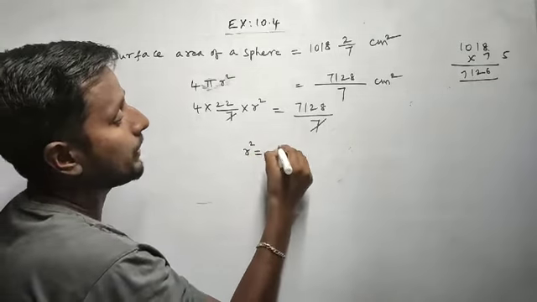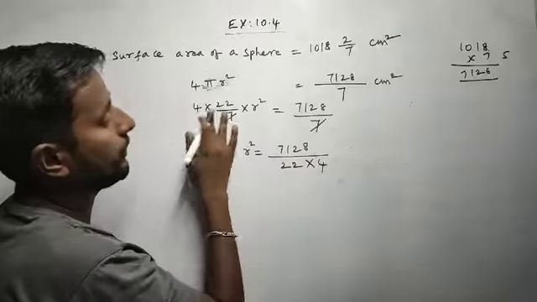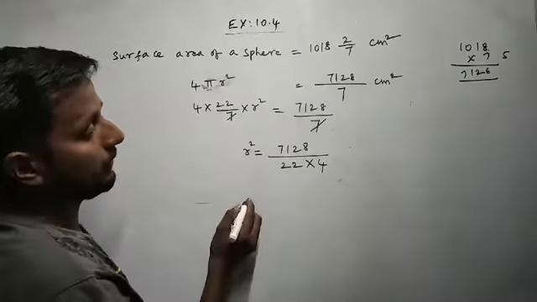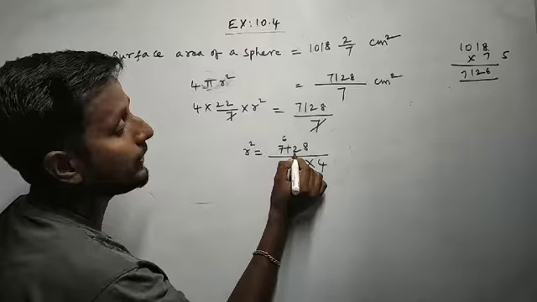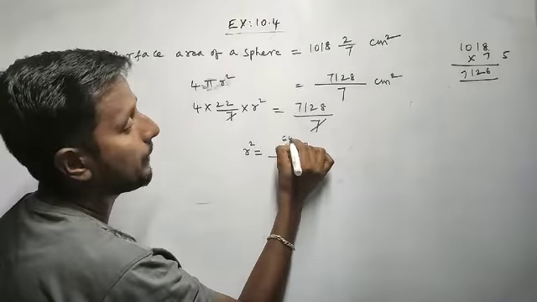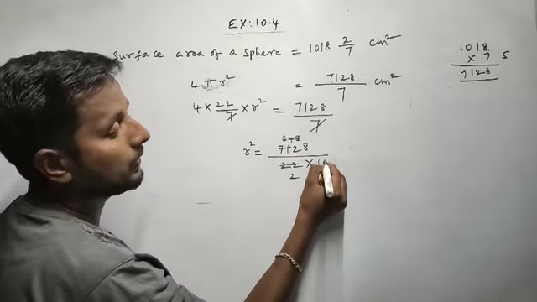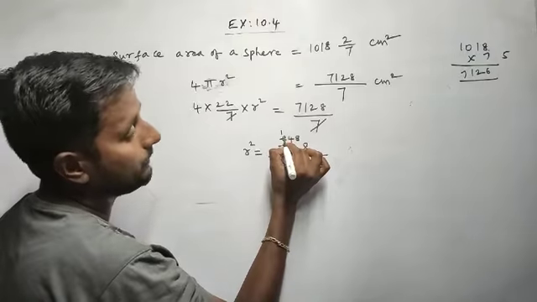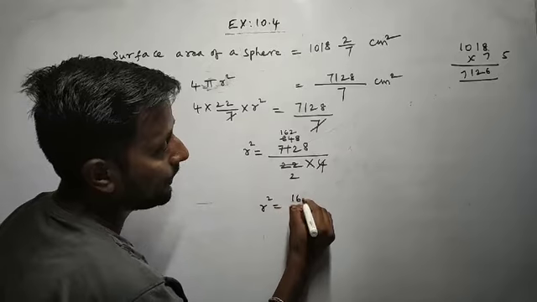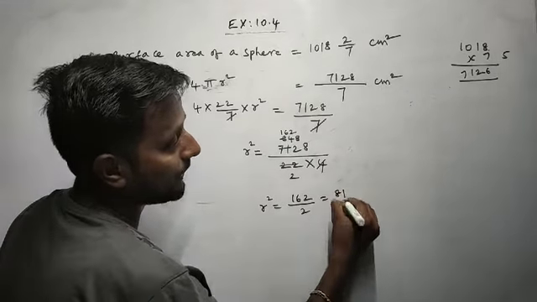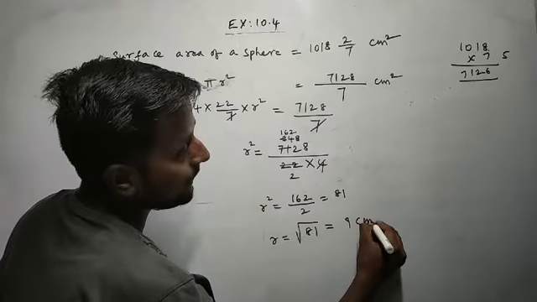So r square is equal to 7128 by 22 into 4. 11 table: 11 twos are 22, 11 sixes are 66, 11 fours are 44, 88. Next, with the 4 table: 4 ones are 4, 4 sixes are 24. So r square is equal to 162 by 2, which is 81. So r is equal to the square root of 81, 9 centimeters.